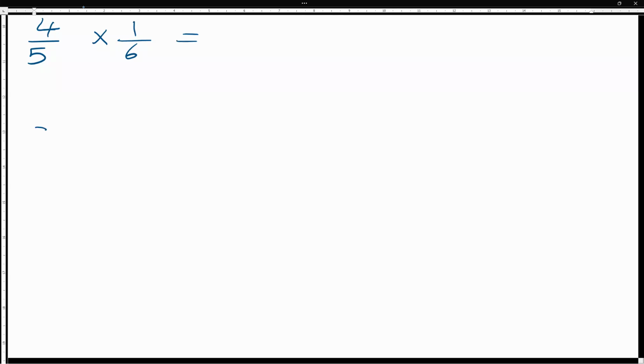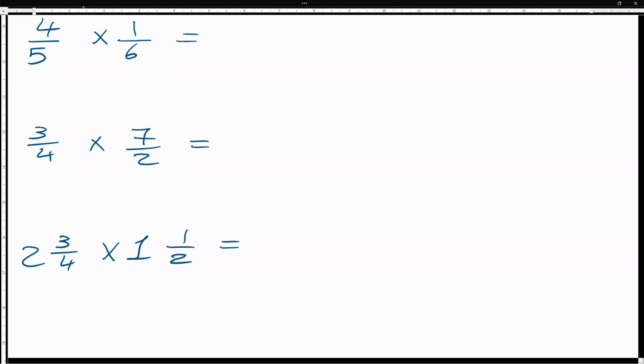You have 3/4 times 7 out of 2. And the last one is 2 3/4 times 1.5. Let's see. Pause the video, try to answer it, and then come back to mark it with me.